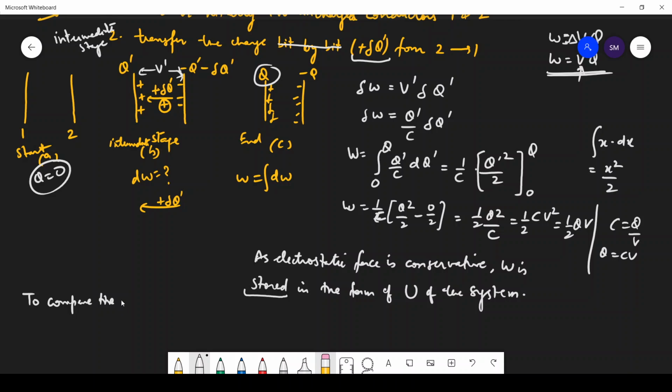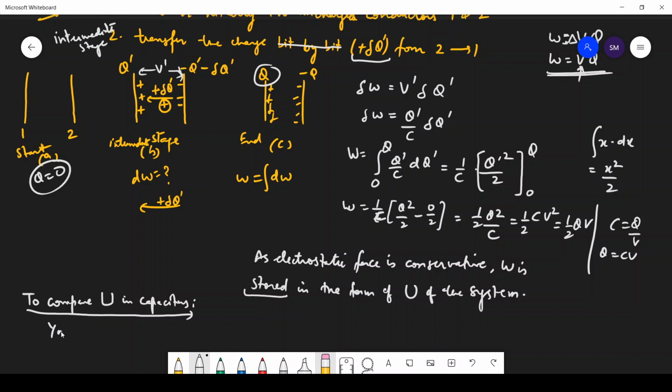To compare the energy stored in capacitors, if you have two capacitors, three capacitors, then you need energy density.